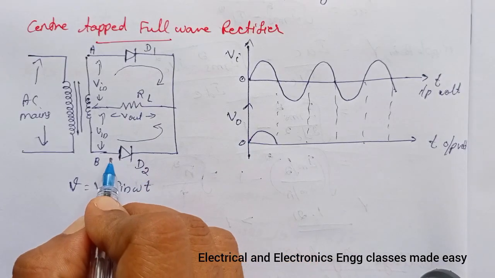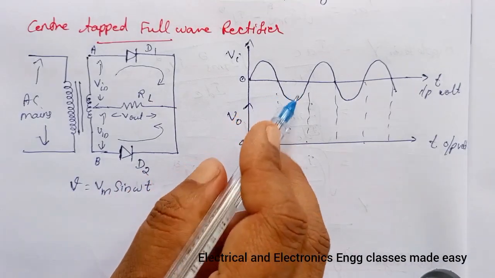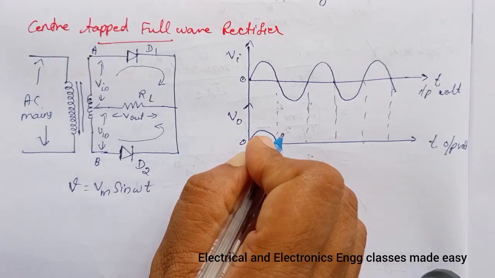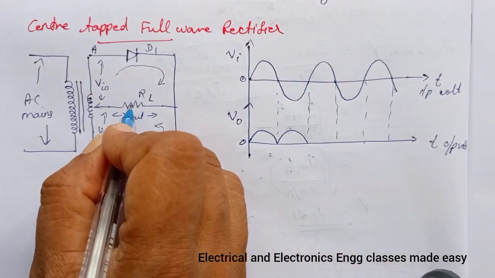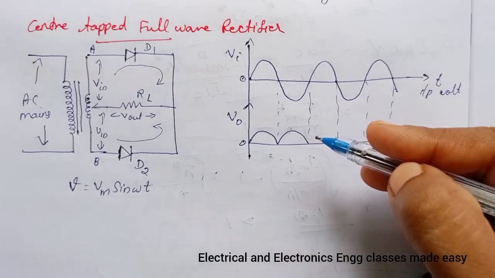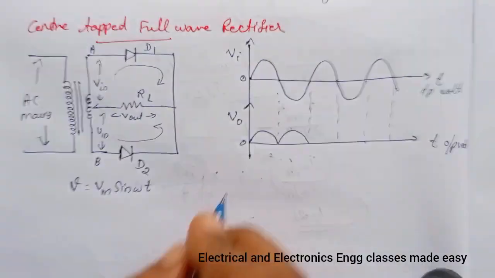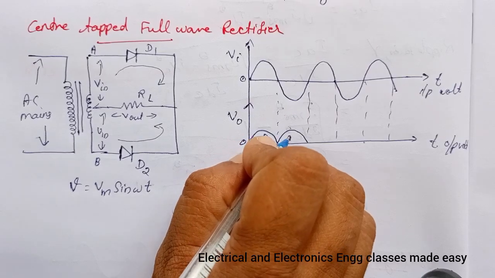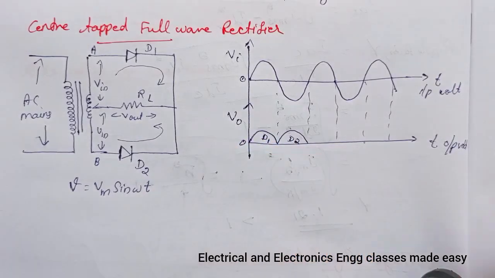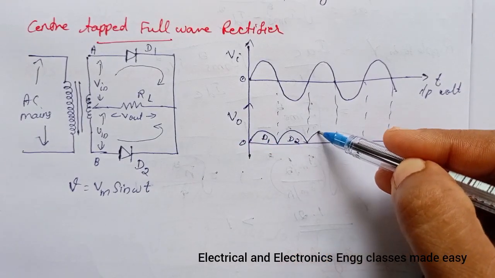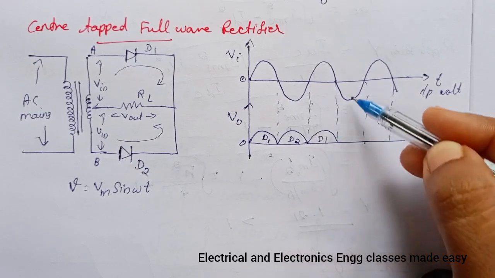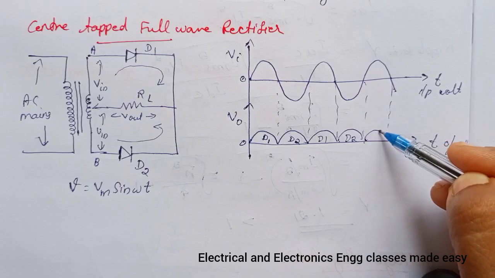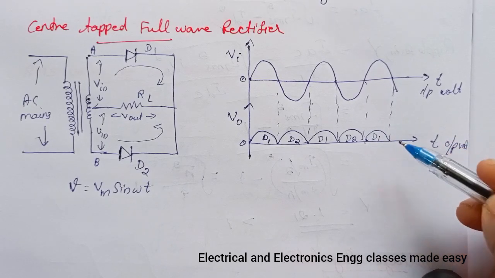So in the negative half cycle, diode D2 conducts. Again in the positive half cycle, D1 conducts, and in the negative half cycle, D2 conducts. In this way we will get the output.